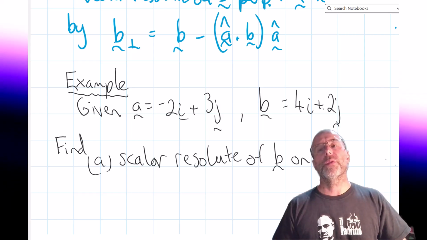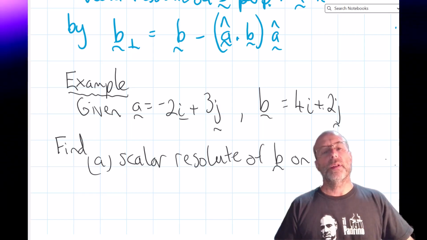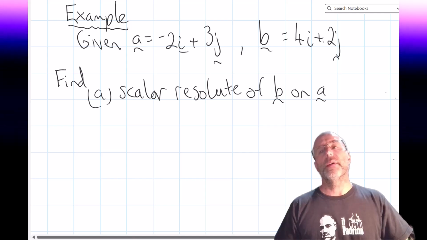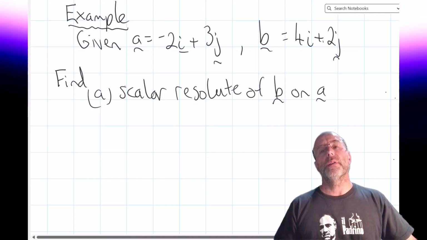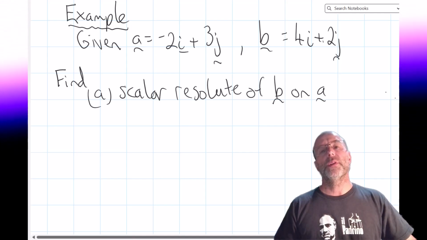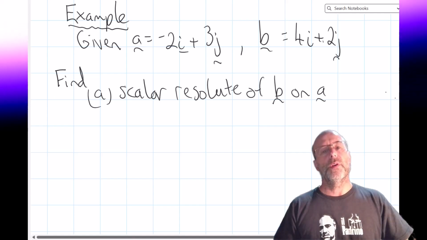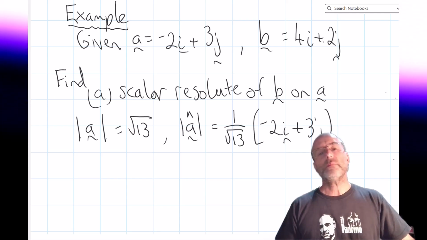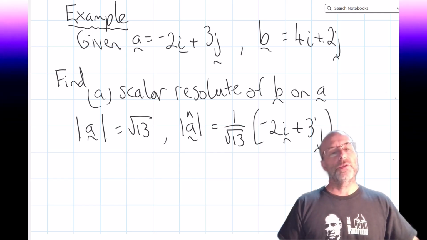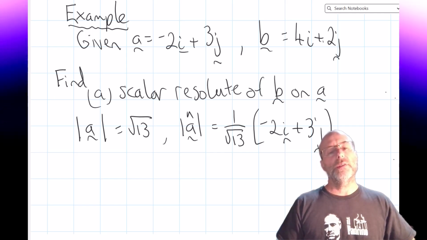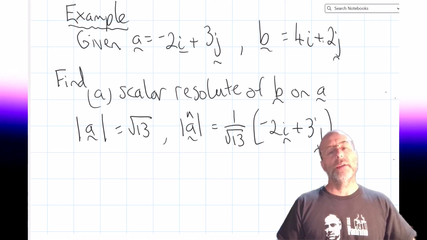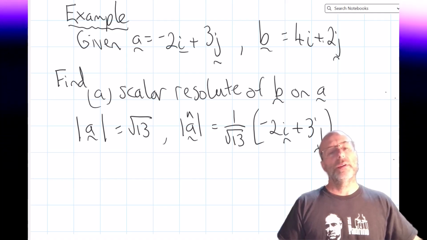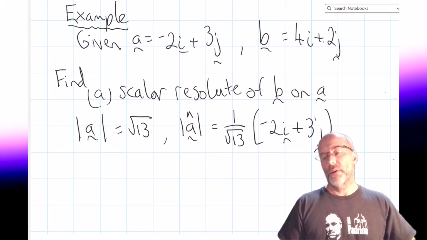The first thing is the scalar resolute of B on A. Let's find the required magnitude first, and then we can find the required unit vector. The magnitude is root 13, and it's fairly easy to generate the unit vector of A as given there.